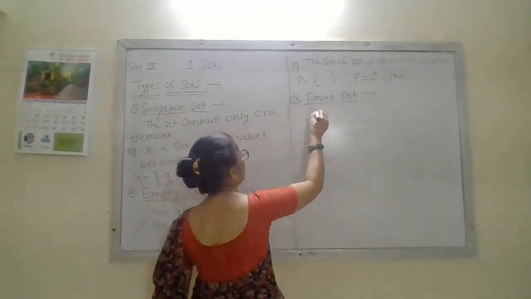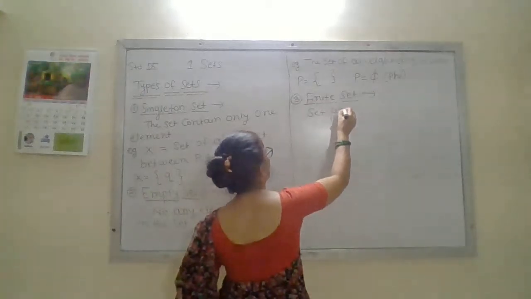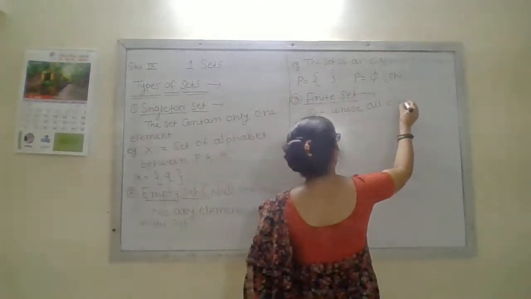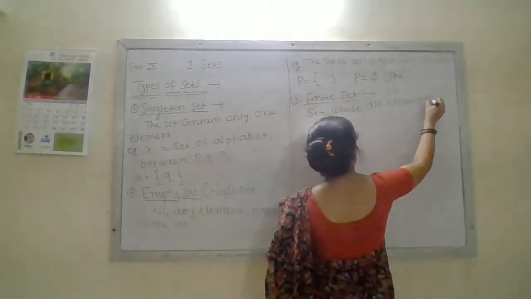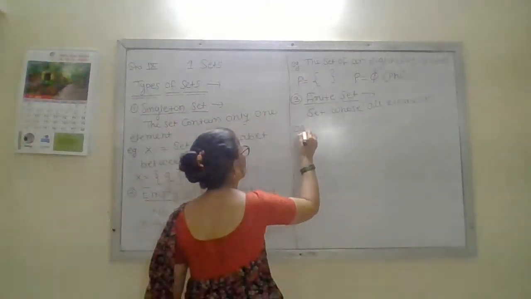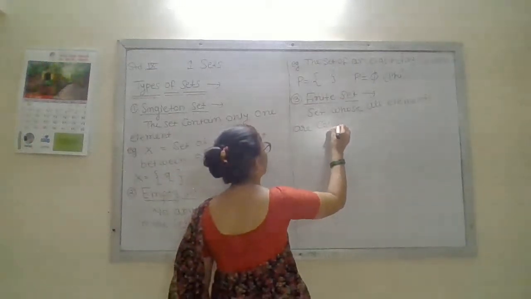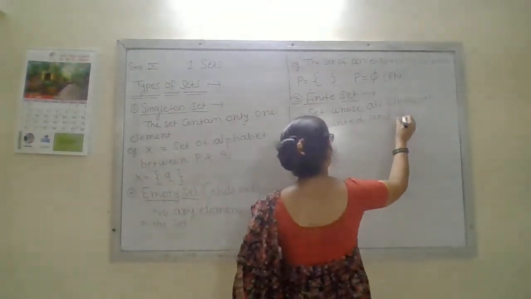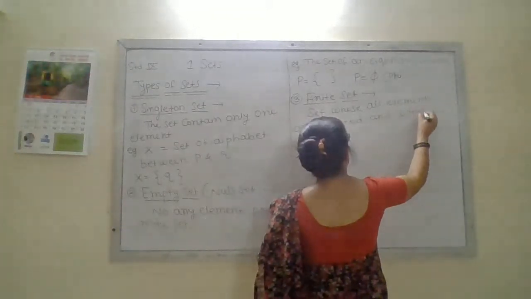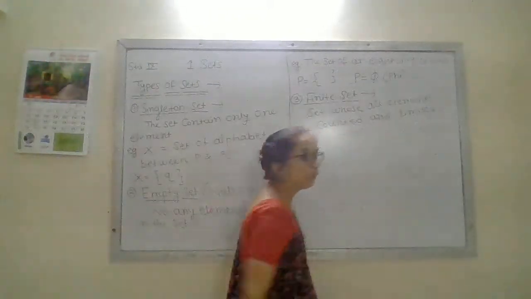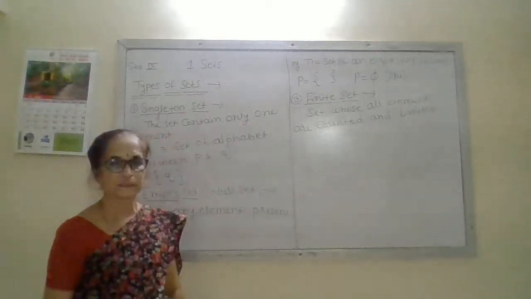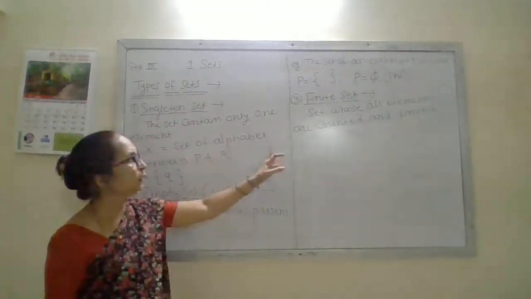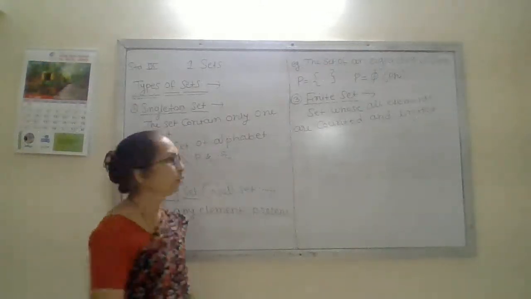The set whose all elements are counted and limited. It means it has a limit also. Up to a certain limit the elements are given and they can be counted properly. Then it is known as a finite set.